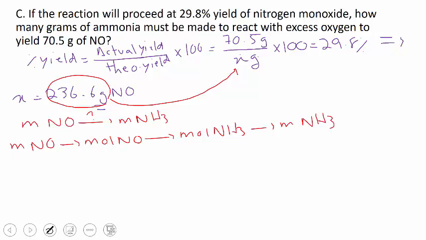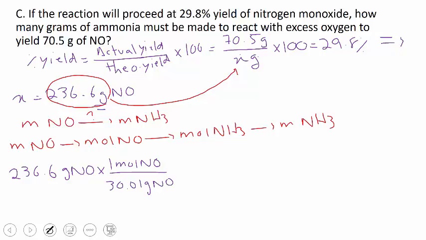Now, let's start with the mass of nitrogen monoxide, which is 236.6 grams of nitrogen monoxide. We know that each mole of nitrogen monoxide is 30.01 grams.